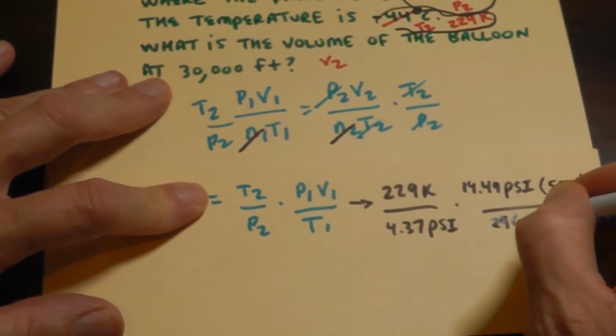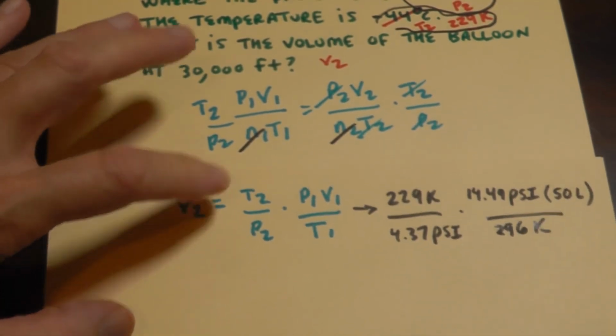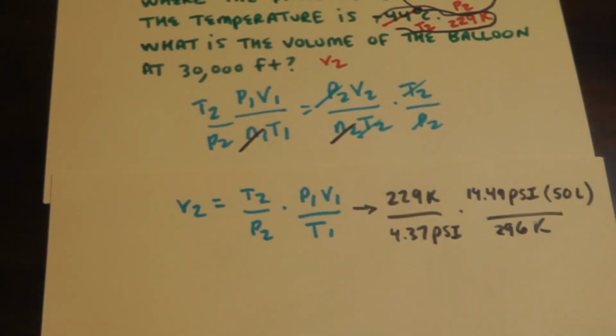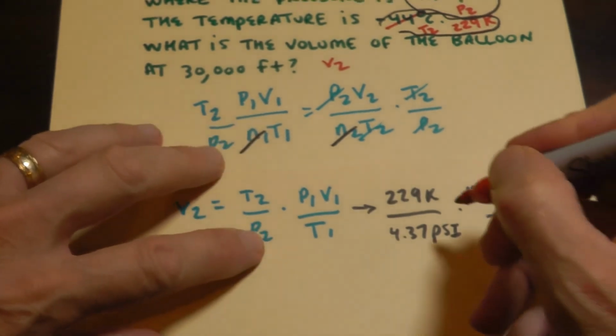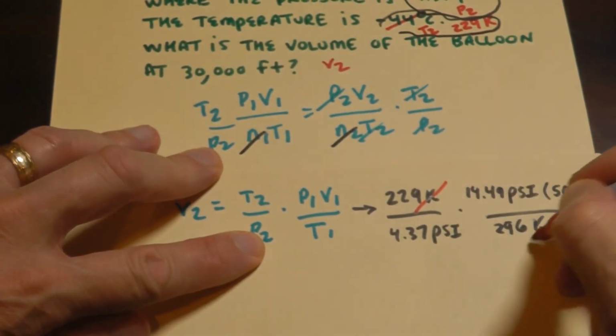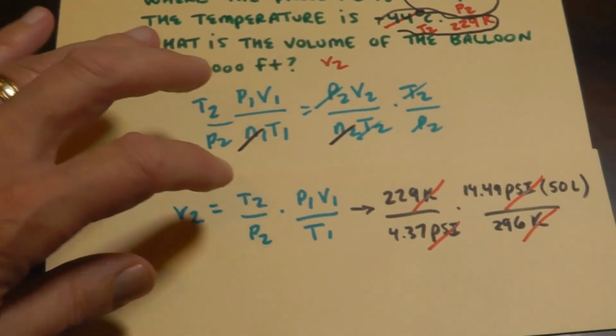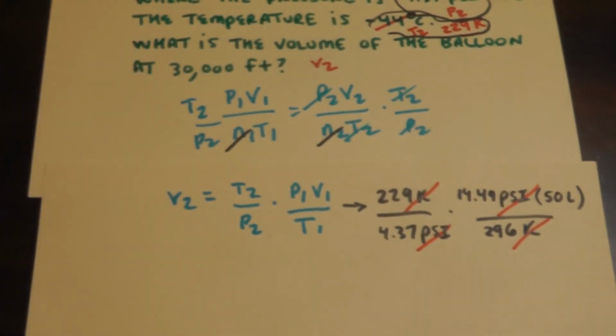So what's going on? Well, I better check myself before I wreck myself and make sure my units all cancel. Kelvins cancel, psi cancel. And so what I got going on is a way lower pressure, but also a way lower temperature. They kind of fight each other, those two terms, and who's going to win? We'll find out.